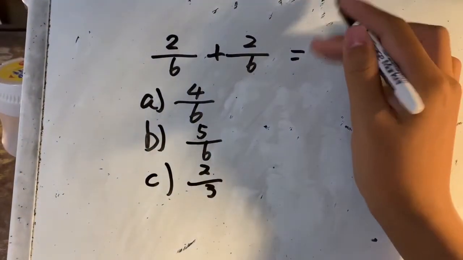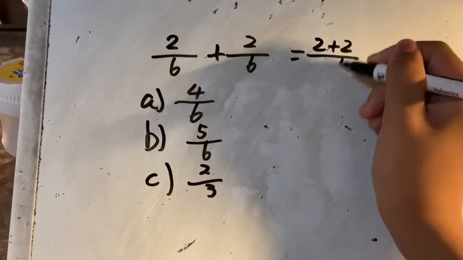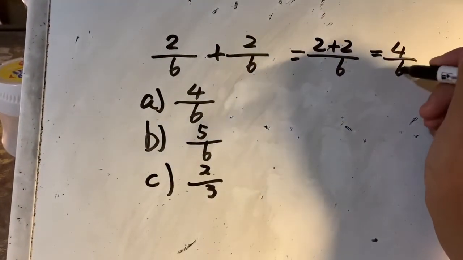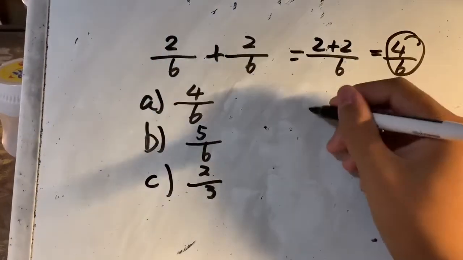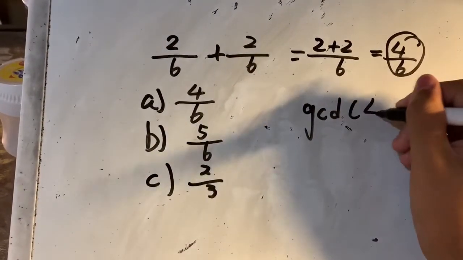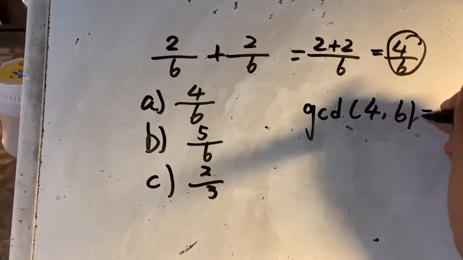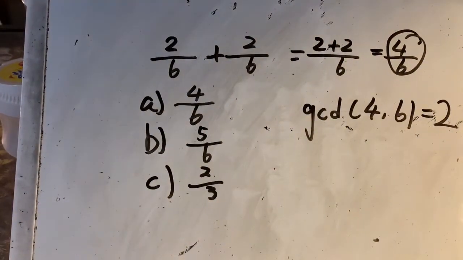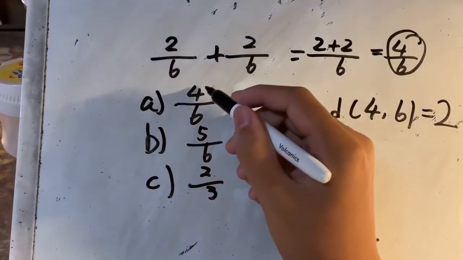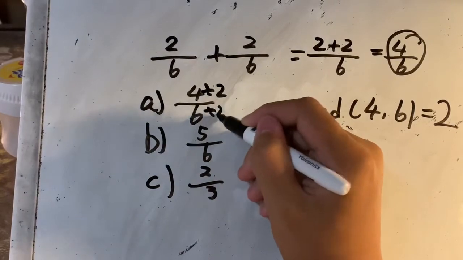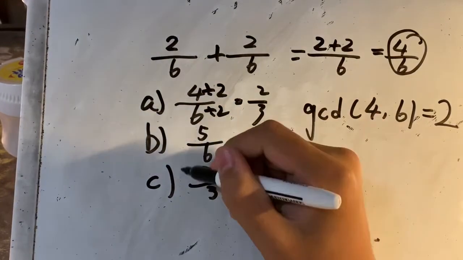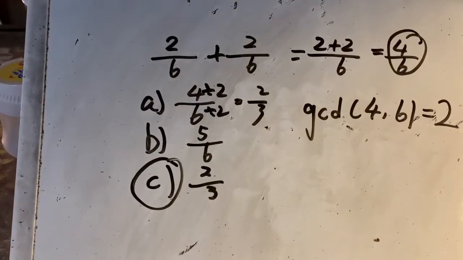After you calculate, you will find it is equal to this. However, 4 divided by 6 is not in the lowest form because the greatest common divisor of 4 and 6 is 2. So you need to divide both of them by 2, which gives you 2 over 3. And you will find that C is the correct answer.